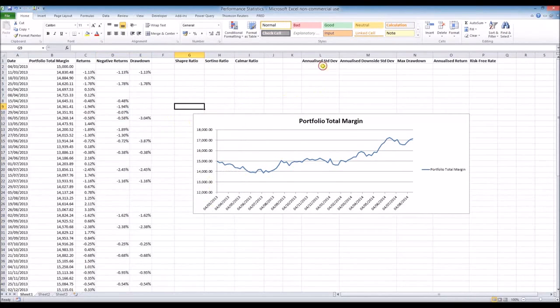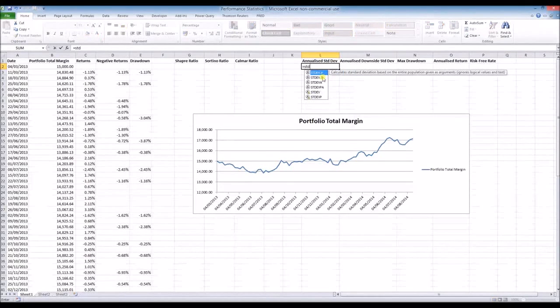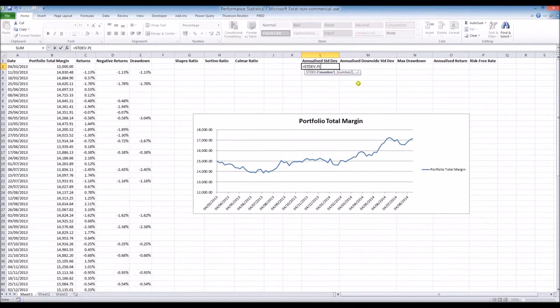Okay, so moving on to the final inputs before we get on to actually calculating the performance statistics. The annualized standard deviation is just going to be equals standard deviation of our returns column times by the square root, SQRT, of 52. Now the reason we times it by the square root of 52 is basically to scale up a weekly figure to an annual figure.